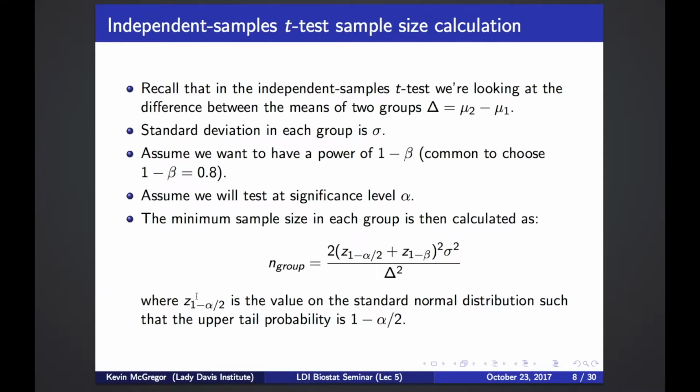So in the case of Z 1 minus alpha over 2, that's just the probability under the tail to the right of the value 1 minus alpha over 2. You have one of those for the significance level and a second one for the power. And so just by plugging all this into the formula, you get the required within group sample size, the minimum within group sample size to make sure that you achieve a power of 1 minus beta and type 1 error rate of alpha.